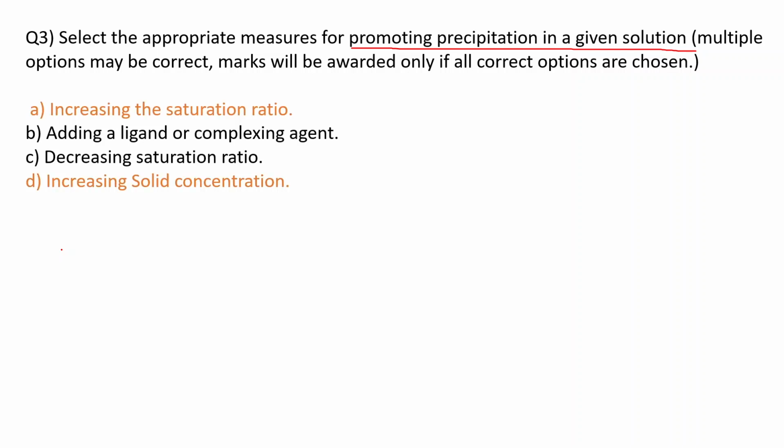Okay, we'll see the solution now. By increasing the saturation ratio and the solid concentration, we can promote the precipitation. I have given this example earlier also. Like if in a glass of water you are mixing salt, if you keep on increasing the concentration of salt, then a time will come that no more salt will dissolve.